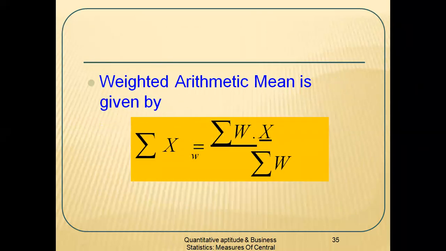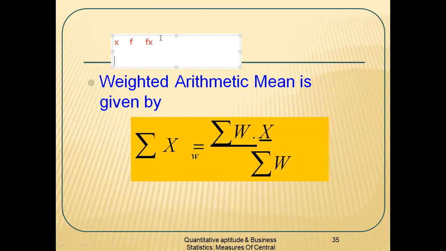Generally we use this in index numbers. Earlier, frequencies were given as x and f, and we calculated the arithmetic mean by multiplying f and x, that is fx, and the total frequency was added. Similarly, under weighted arithmetic mean, instead of frequencies, they'll give you the weights of each observation. The weightage of each observation will be given as x and w, and they ask you to calculate the arithmetic mean.